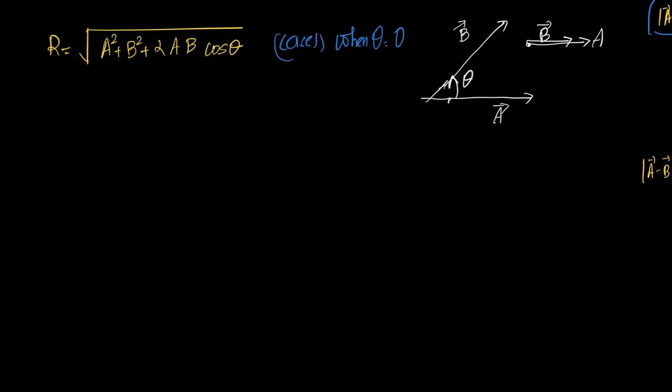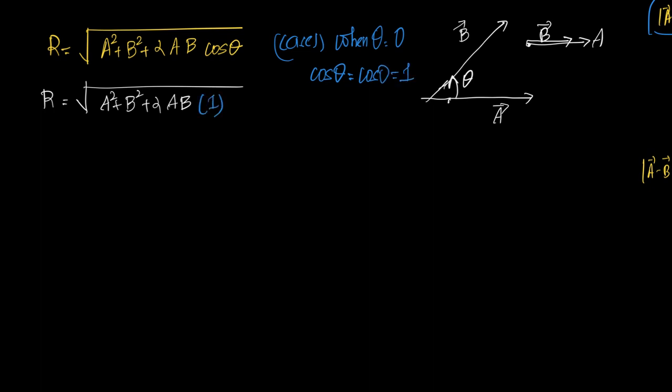In which case, what is the resultant? Resultant here, R, is root of a square plus b square plus 2ab into cos theta. So when theta is equal to 0, what is cos theta? Cos theta is cos 0, which is equal to 1. So you get 2ab into 1.